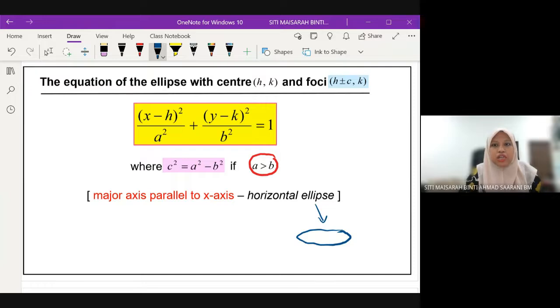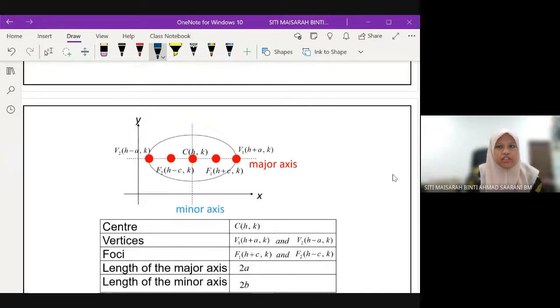Focus dia H plus minus C, K. Maksudnya kat sini major axis parallel to x axis, dia akan berubah pada X. Kalau major axis parallel to y axis, dia akan berubah dekat y. Itu yang berbeza.